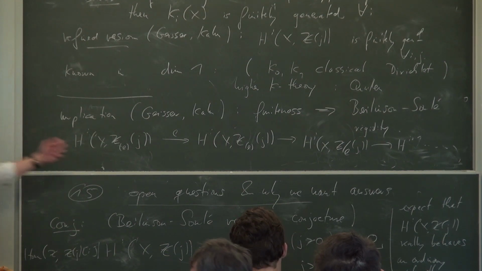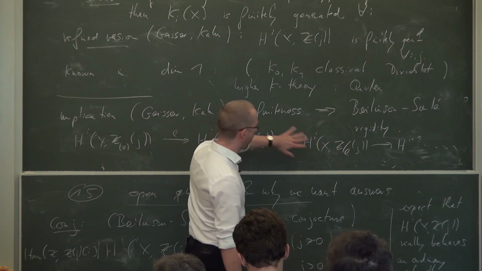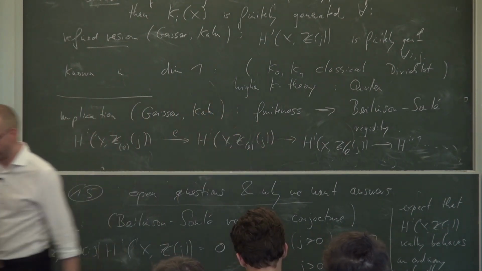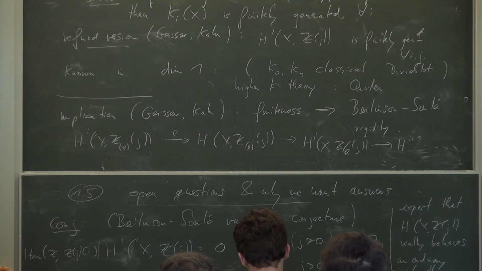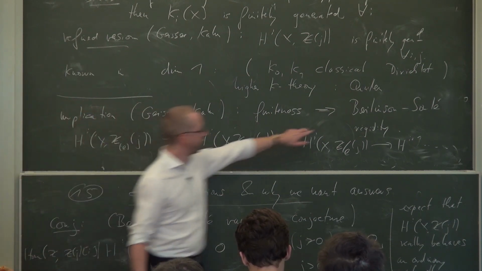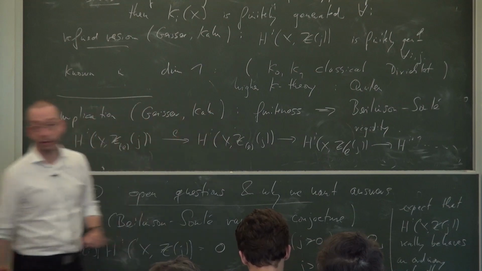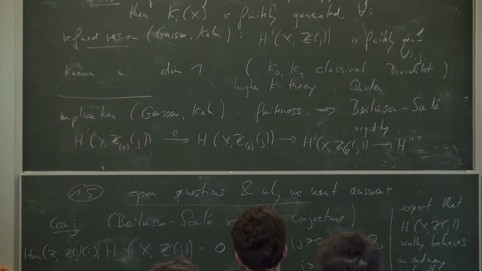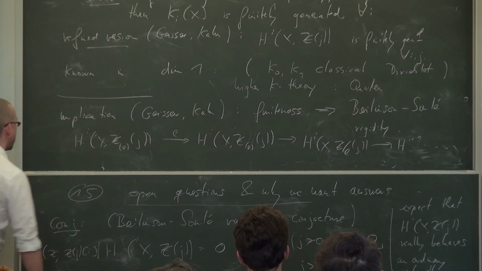Now by all this work of Voevodsky on motivic cohomology, we know a lot about the finite coefficient case, and this is one of the things that allow us to deduce Beilinson-Soulé in this case from finiteness assumptions on motivic cohomology. Rigidity can also be deduced.